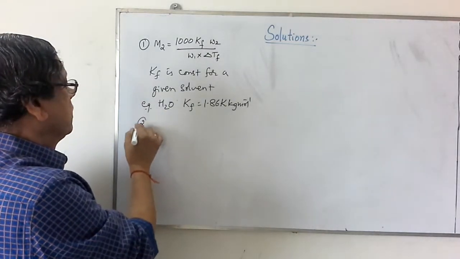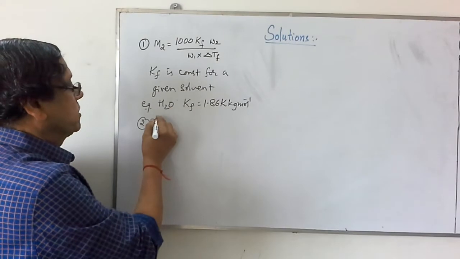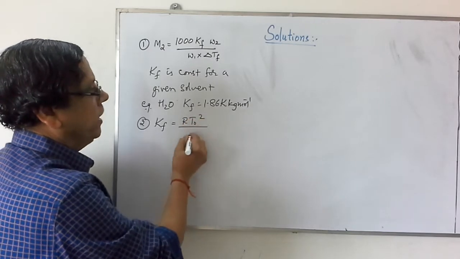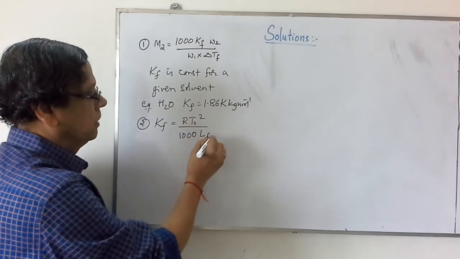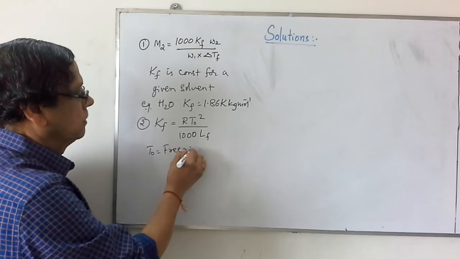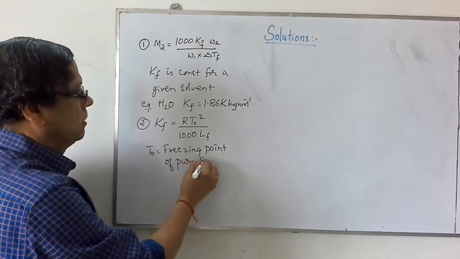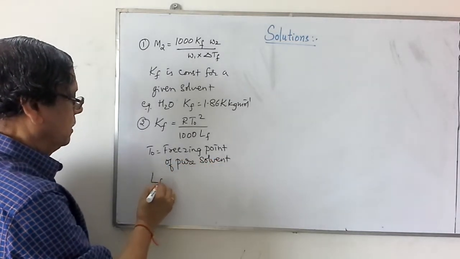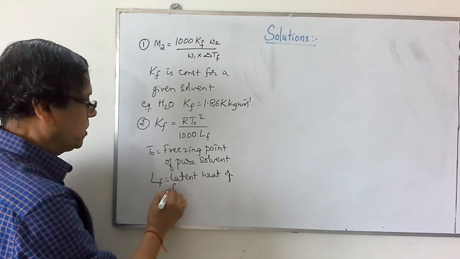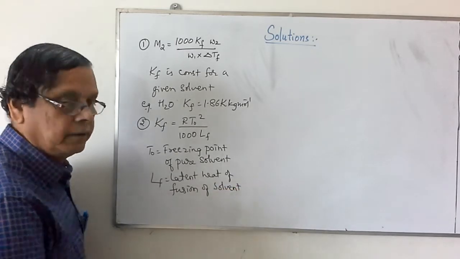The second point is, for a given solvent, Kf is calculated by using the relationship R T0 square divided by 1000 Lf, where T0 is the freezing point of the pure solvent, and Lf is the latent heat of fusion of the solvent.